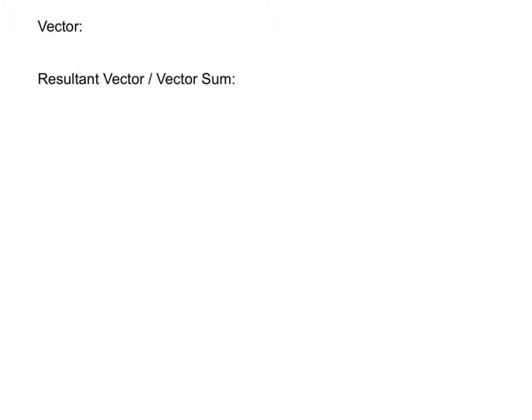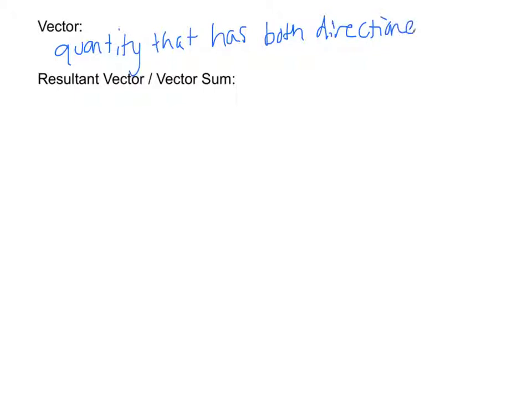Okay, this is somewhat related, really important though. We're going to talk about vectors. A vector is a quantity that has both direction and magnitude, and it's represented as arrows.